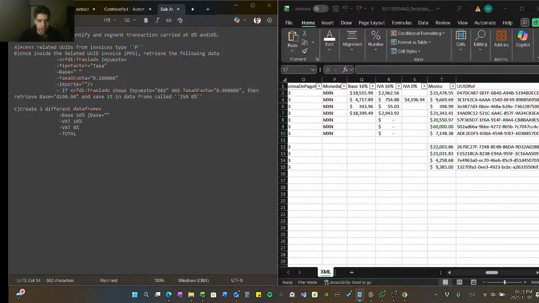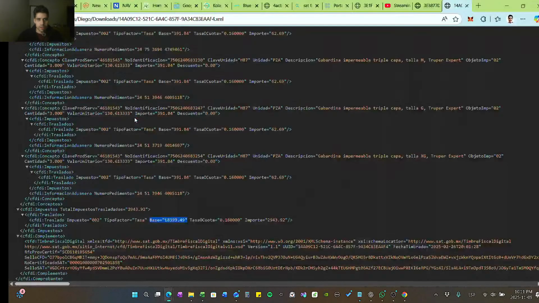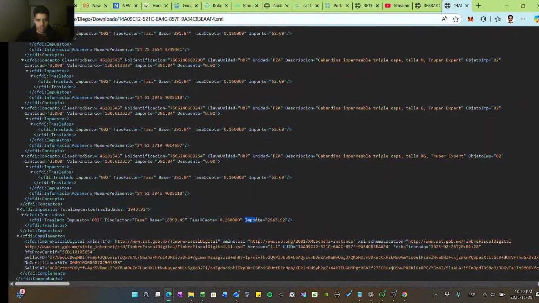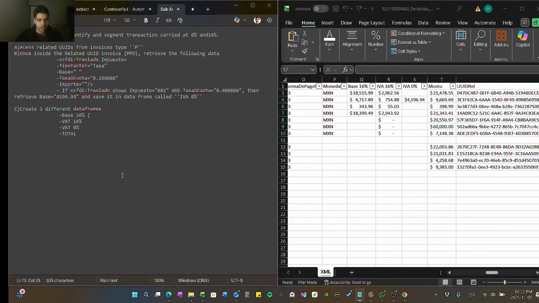Whatever numbers are inside these quotation marks, it needs to divide it by 1.16, and that's it.